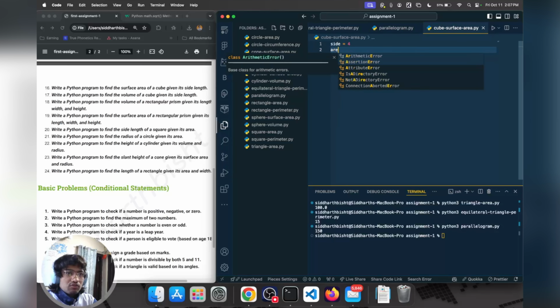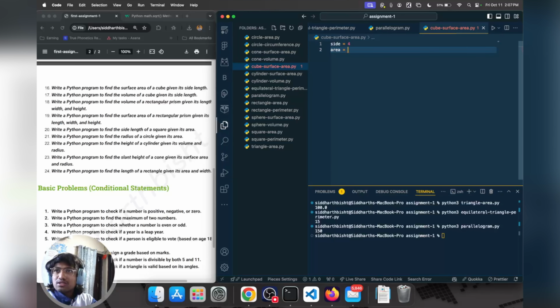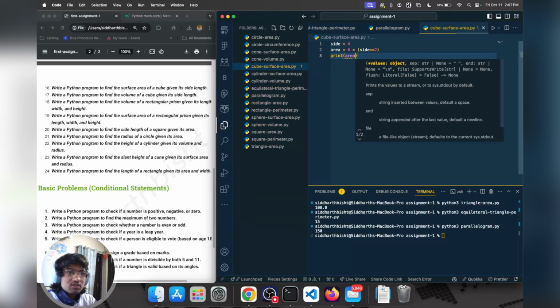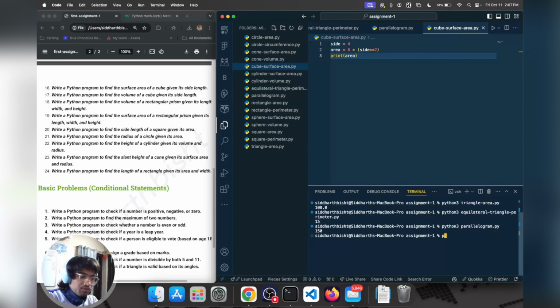Now I have to find its area, so it is quite simple. 6 multiplied by side square. So let's put a bracket just to be safe. Side square, and as soon as I print it, I will get its area. So Python 3 cube surface area.py, I got its area.